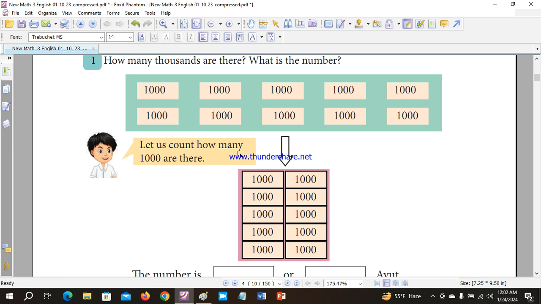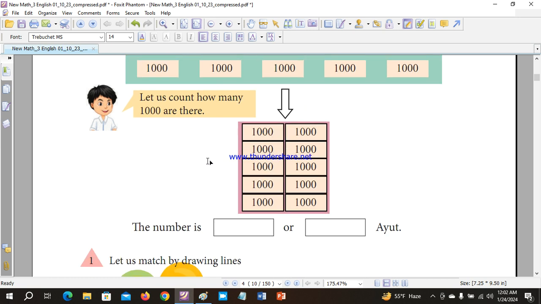Rafi says, let us count how many 1000s there are. 1 2 3 4 5 6 7 8 9 10. The number is 10,000, or 1 Ojut.